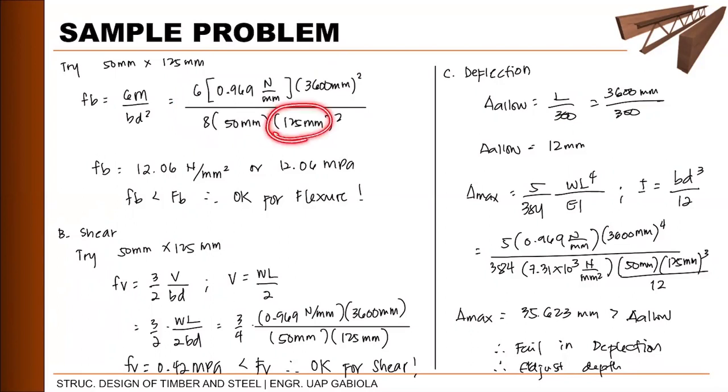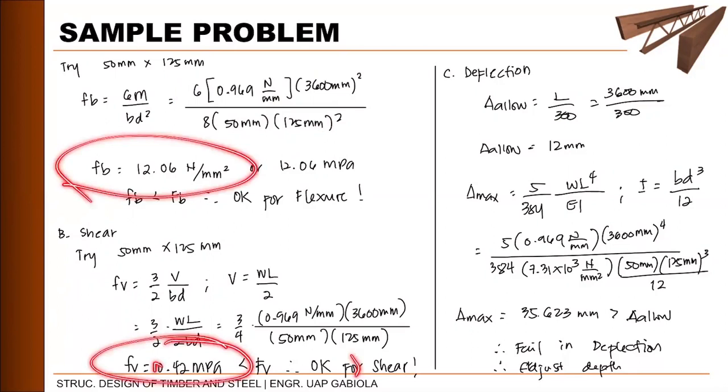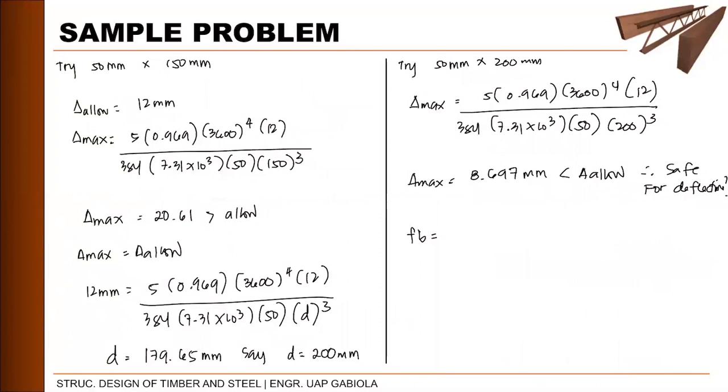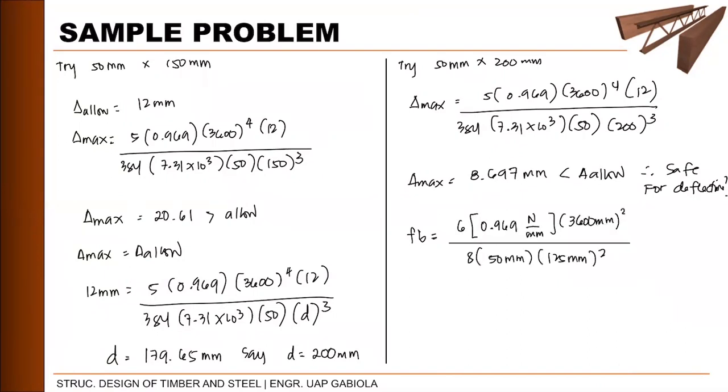Pero as you can see, nasa denominator yung D natin. So pag laki ng value niya, meaning liliit yung value ng stresses natin. So ibig sabihin, mas papasa pa siya for flexure and shear. Okay? So, kahit without even checking or writing yung mismong value, makikita natin na pasado na siya, no? So, pero papakita ko lang din yung actual value na makukuha natin.